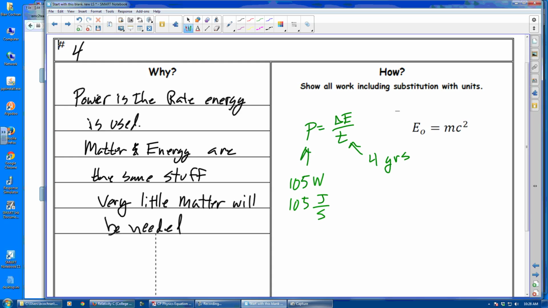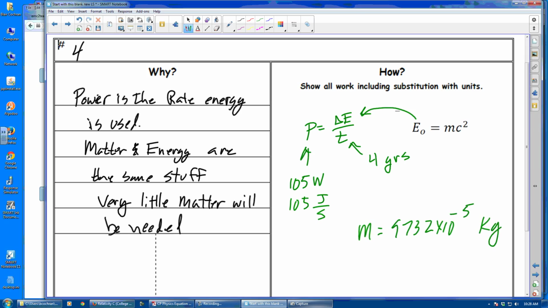And then, of course, the energy you're using is from the matter, so you're using the energy equivalent, mc squared, for E. And then the other mistake a lot of people make is you come up with an answer of M equals 9732 times 10 to the negative fifth, and it would be in kilograms.